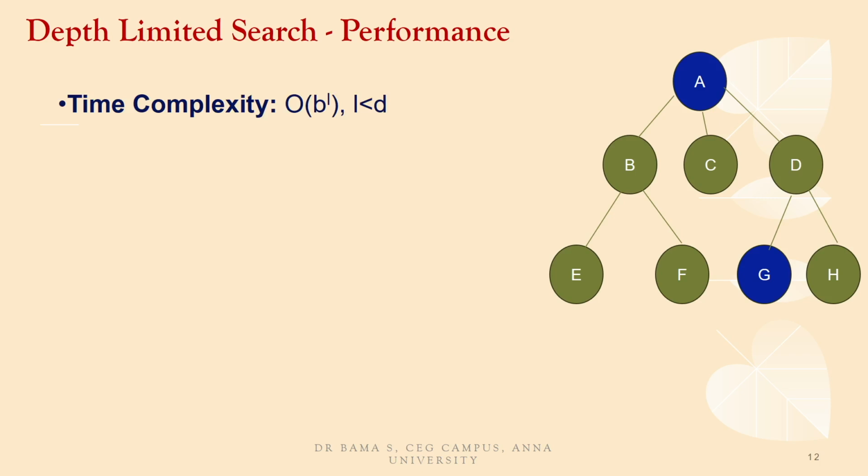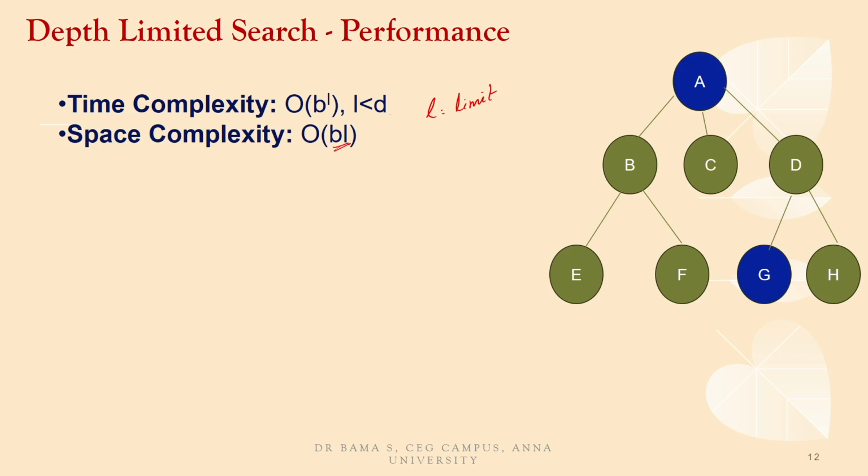So, coming to the performance, the time complexity is order of B power L, where L is less than D. L is nothing but the limit that we specify. If D is equal to 4 and we know the goal is available at L, then L is less than D. Space complexity is B multiplied by L. Why?